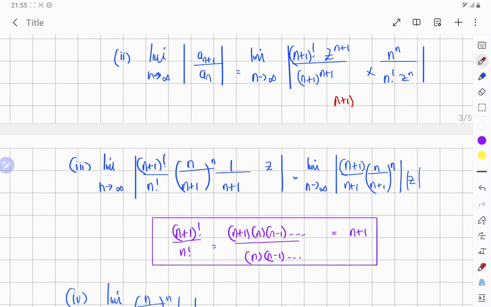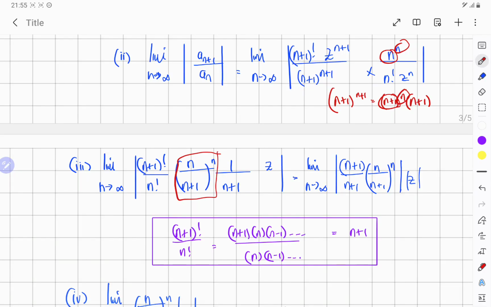So let's just recap there. I have split it into (n+1) to the n and (n+1). But then I have my n to the n and (n+1) to the n, and hence this step.